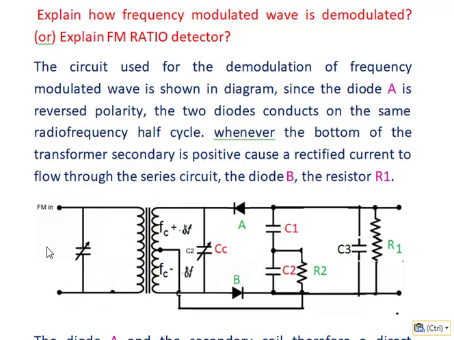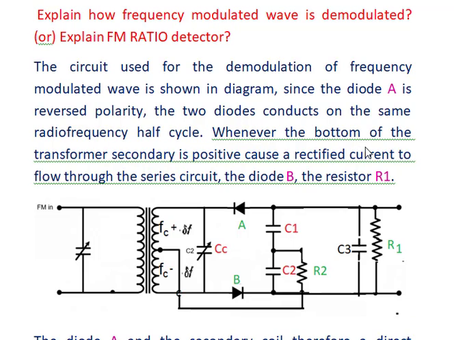When the frequency modulated wave is received from the antenna, it is passed to the primary of this transformer circuit, and then it is induced in the secondary of the transformer. The secondary has two portions, an upper portion and a bottom portion.